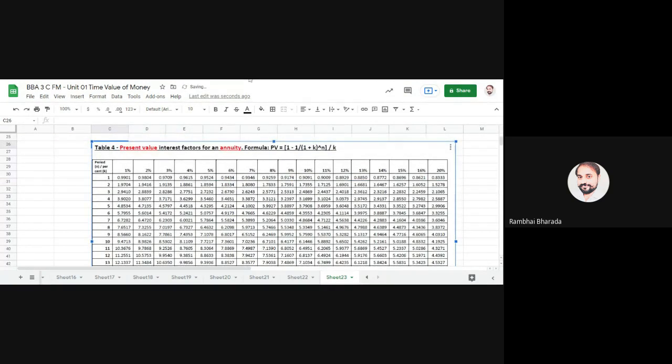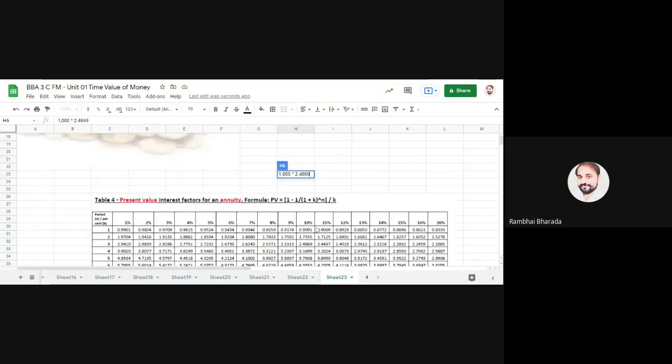See, how many percent? 10%. How many years? 3 years. Also remember the title here, present value of an annuity. So here 3 years, and here we have 10%, 2.4869.